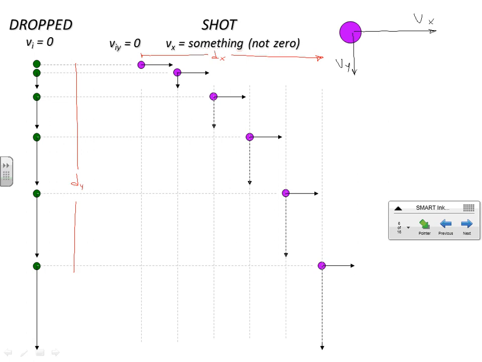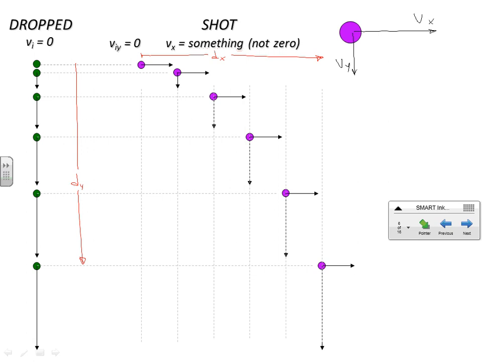I guess we're saying it stops here. That's the end of its vertical motion. Those are what we call dy, vertical displacement, and dx, horizontal displacement.